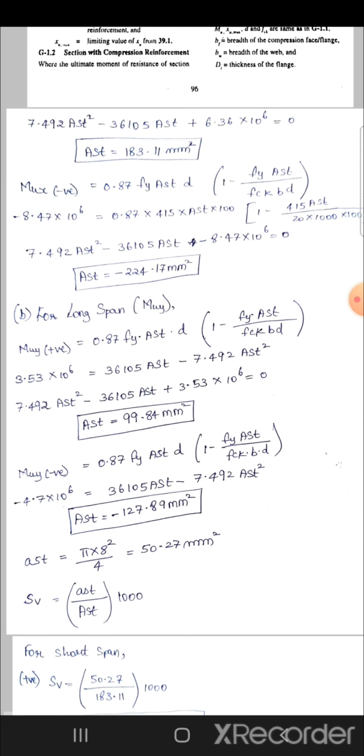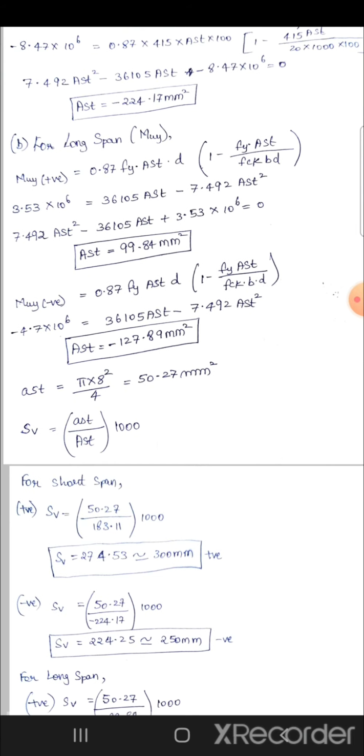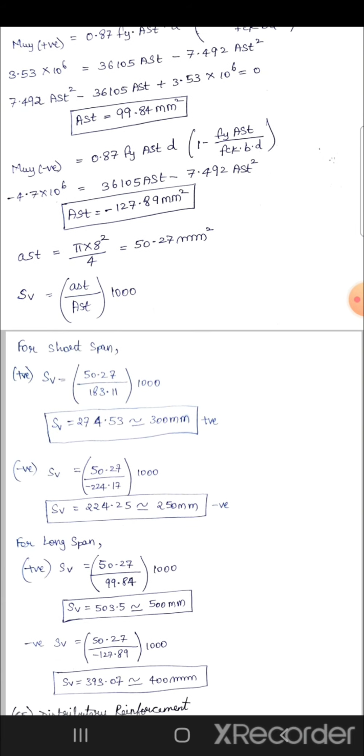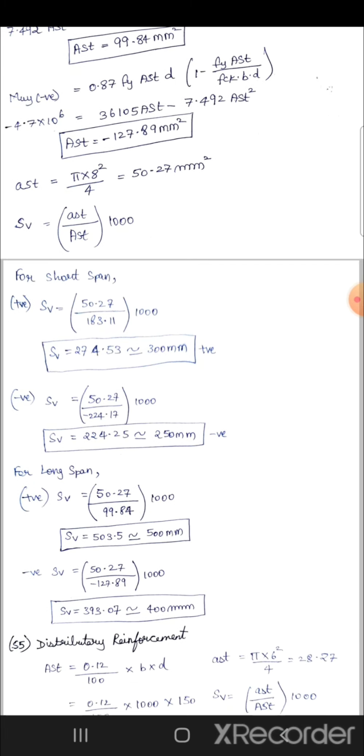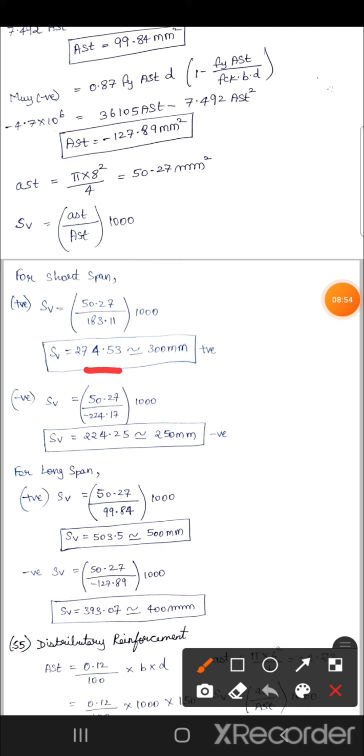For short span and long span, positive and negative, we must find spacing. Spacing formula is small ast by Ast into 1000. So for positive short span it is 274.53, rounding it 300 mm. Negative is 224.25, rounding it 250 mm.